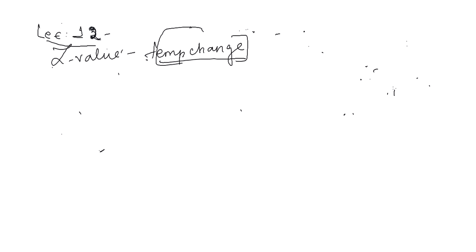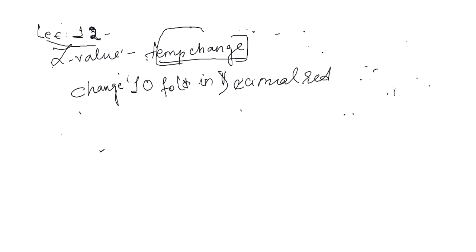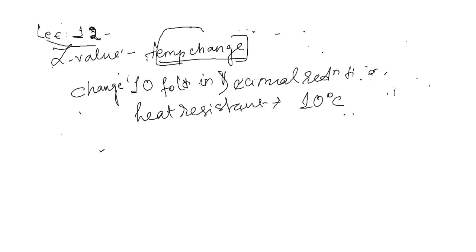Z value is the change in temperature required to have a tenfold change in the decimal reduction time, D value. So the heat resistance will mainly have 10 degrees Celsius.